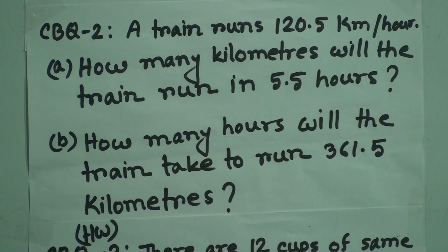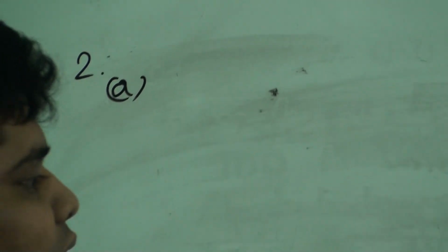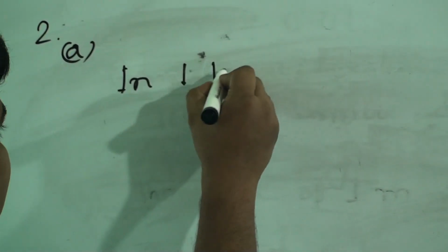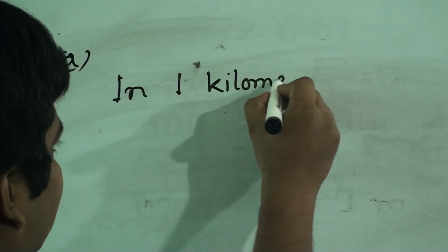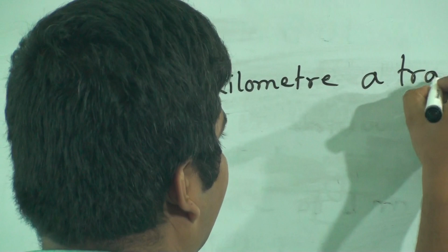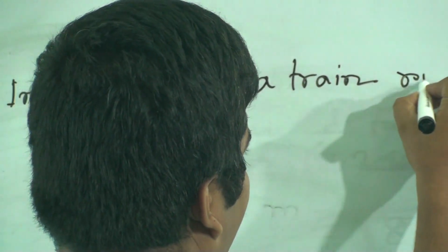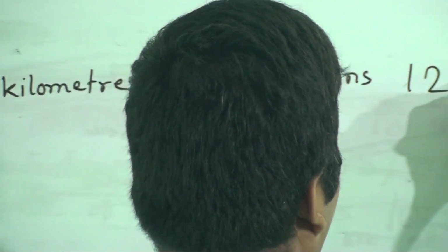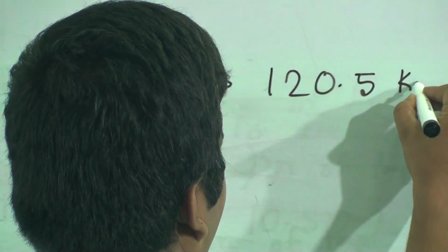Okay, now you shall start to solve question number 2. Question A, we need to find out the kilometers. That means in 1 hour, a train runs 120.5 kilometers.